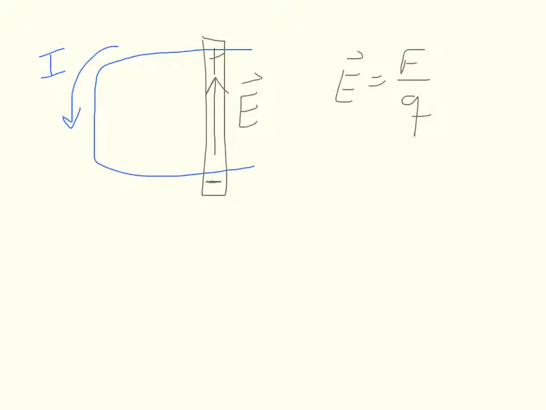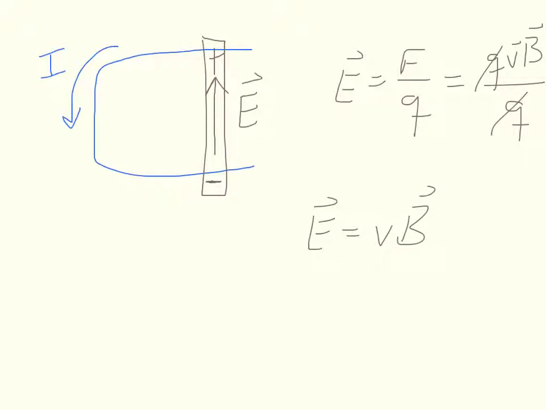Now we have all of these charges inside of this conductor, maybe the little electrons, and they are moving inside of this magnetic field, the force of which is given by Q times V times B. And so the electric field strength that is generated inside of this bar is, once we cancel out the charge, how fast it's moving times the field that it is moving in. So that's another little application, and we'll discuss that in a little more detail in class.